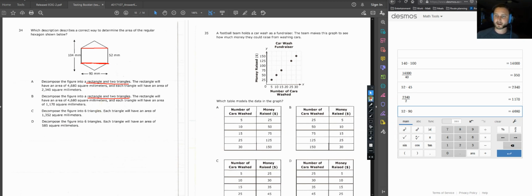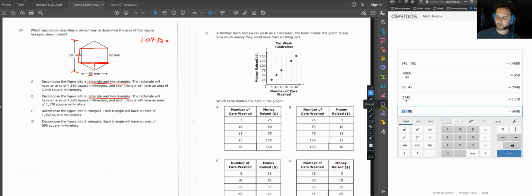So if I were to find the area of my triangles, we already know the base of one of the triangles right here is 90. And the height, we don't know the height, but what we do know is the height of the whole entire shape is 104. And we know this middle section right here is 52. So for starters, we can do 104 minus 52 to figure out what is the height of both triangles combined.